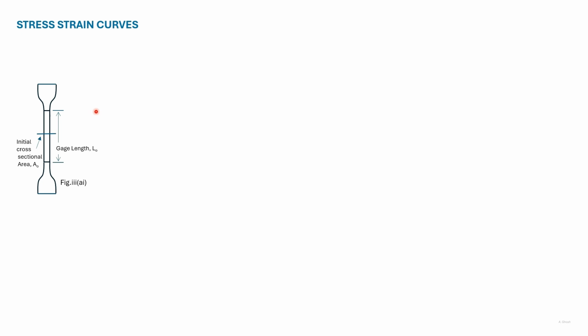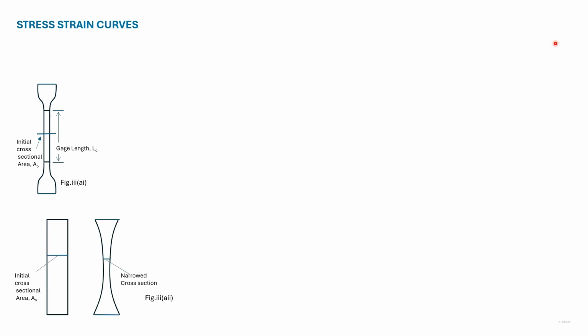Before application of the load, this length, known as the gauge length, is marked off. The initial cross-sectional area is also recorded.